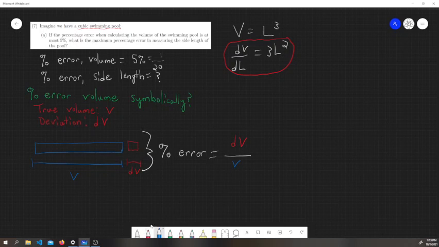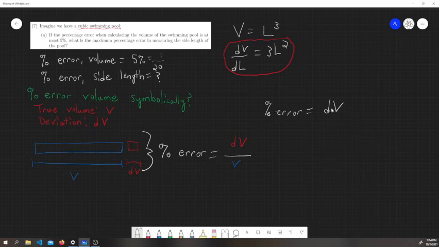You can also think about this, and I know when I was helping some people, I said that the percent error is just equal to dV. So this is wrong for the reasons I just explained over here. But you can also think about this just in terms of units. Percent error isn't going to have any units, right? It's just a ratio. Percentages don't have any units.